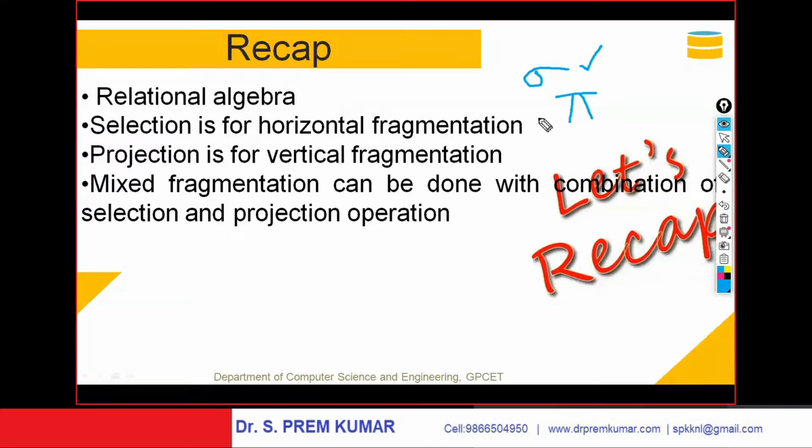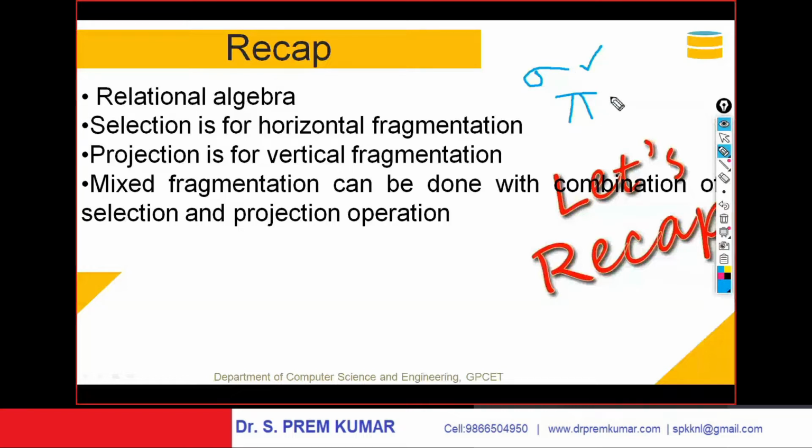You can select only those rows whose salaries are greater than 50,000 with the help of the selection operation. So it is used to select the required rows which satisfy the given condition. That is the purpose of the selection operation.